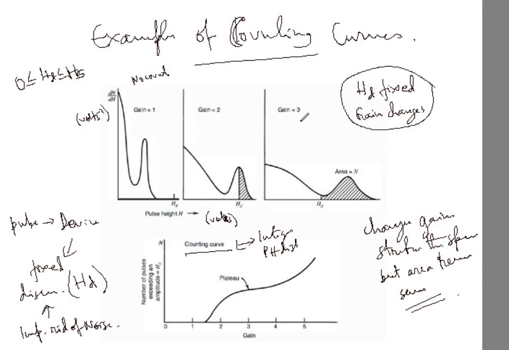So we have a counting curve, and from this counting curve the operating voltage is selected to lie at the point of minimum slope. I think you must remember that we did the same thing with the GM counter.